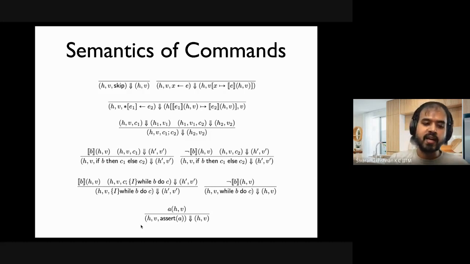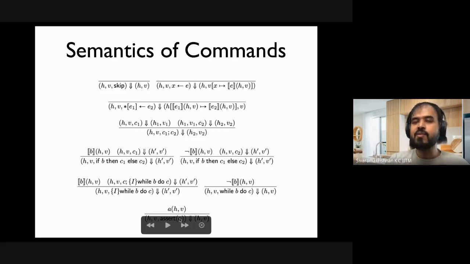We said that if a particular term type checks, then it does not get stuck, right? If the assertion fails, we want the rule to not apply so that the program gets stuck. So that's the idea here. It's an interesting way to capture these semantics.